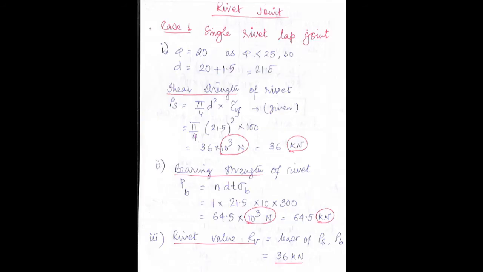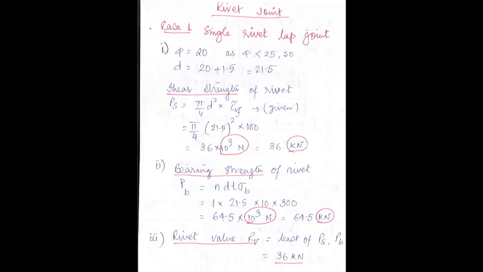Let us start. I have named this problem case 1, that is the single riveted lap joint. So phi is equal to 20. What is phi? That is the nominal diameter. In the question, it is given that the plates are riveted with a 20 mm diameter rivet, so that is the nominal diameter. They will not use the word nominal diameter, but if it is not mentioned, it is assumed to be the nominal diameter.